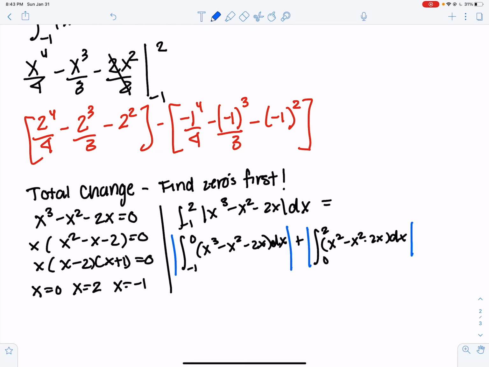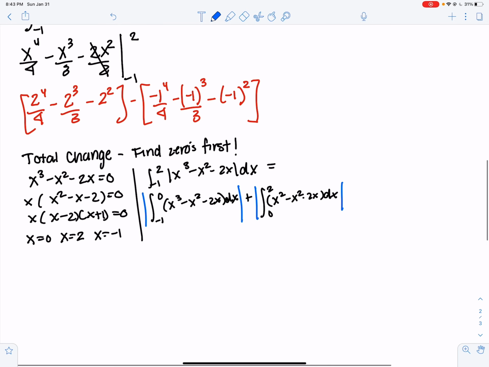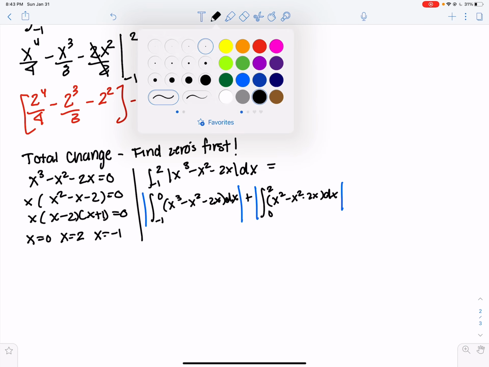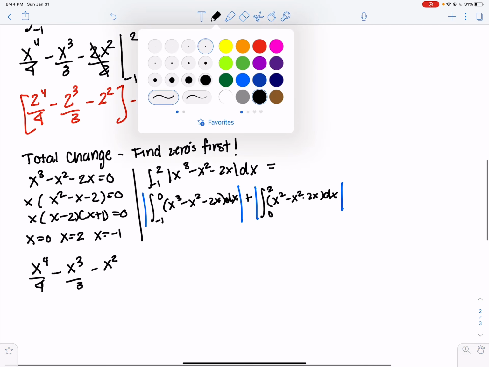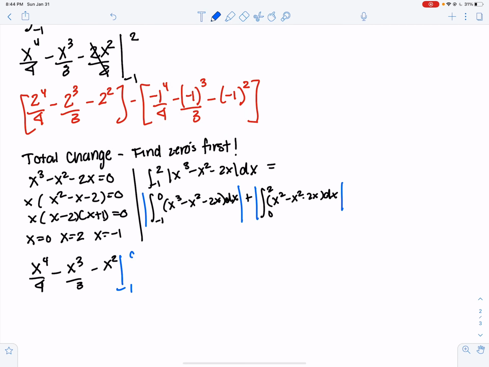Okay, we already took the integral above, so we just have to plug in. So we have x to the 4th over 4 minus x cubed over 3 minus x squared, and we're going from negative 1 to 0. Okay, and you're going to take the absolute value of this, don't forget.